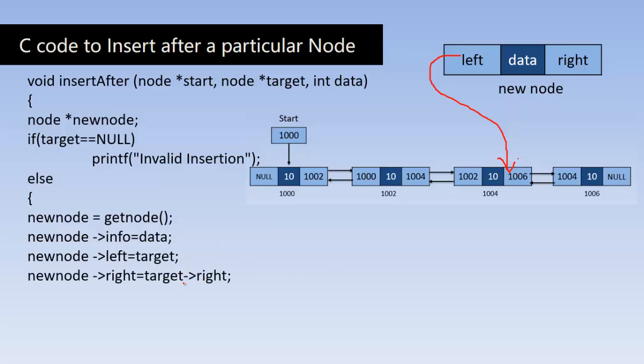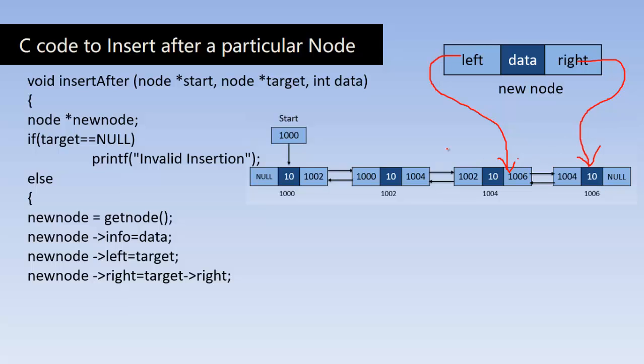And target arrow right, what is there in the right part of target? Address of the next node, right? So the address of the next node will be stored in the right part of the new node. So this node is now pointing to this node. So this node is between the target node and the next node.